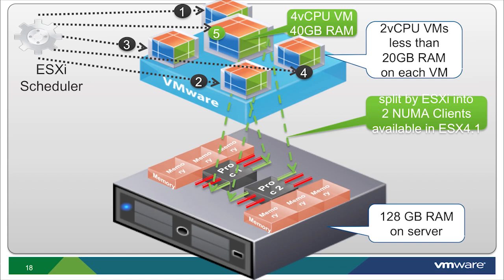Then ESX is smart enough to split the execution space, execute locally to each NUMA node, to a point where it says, you know what, I can't do this anymore, I am going to interleave. So there are NUMA optimizations coded into the hypervisor that are not in the physical OS, that you would otherwise, as an administrator, have to configure yourself. And it's pretty painful configuration.